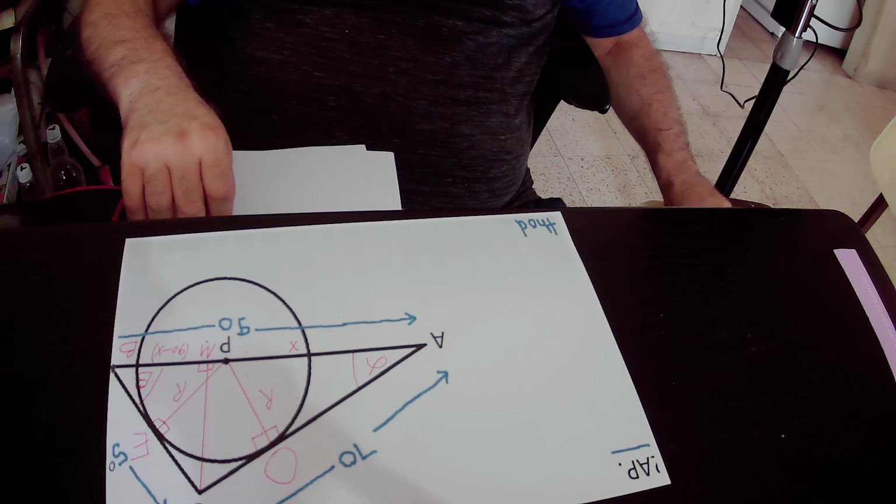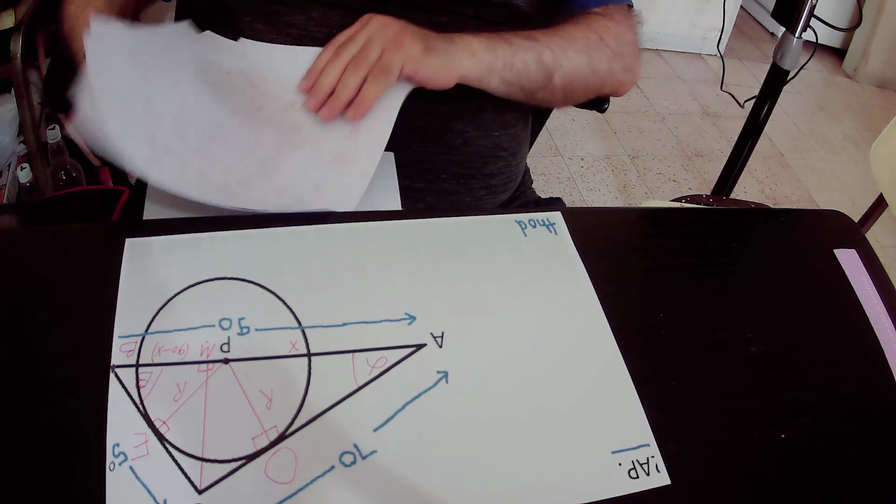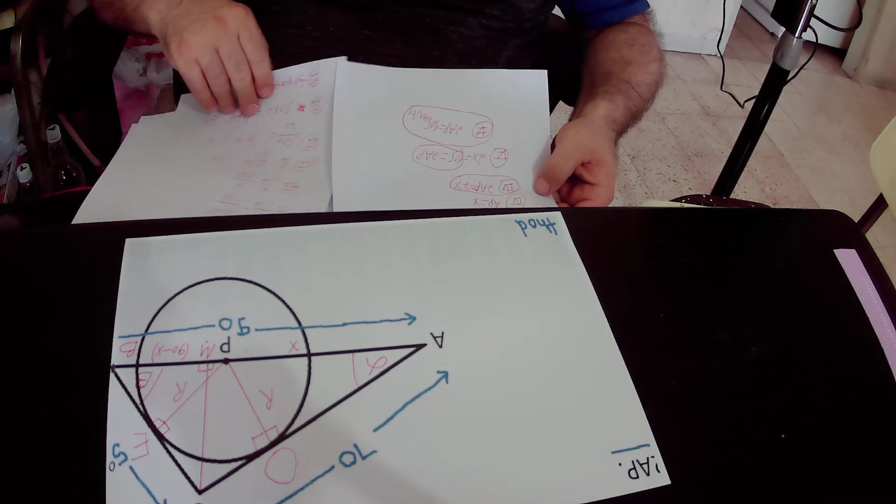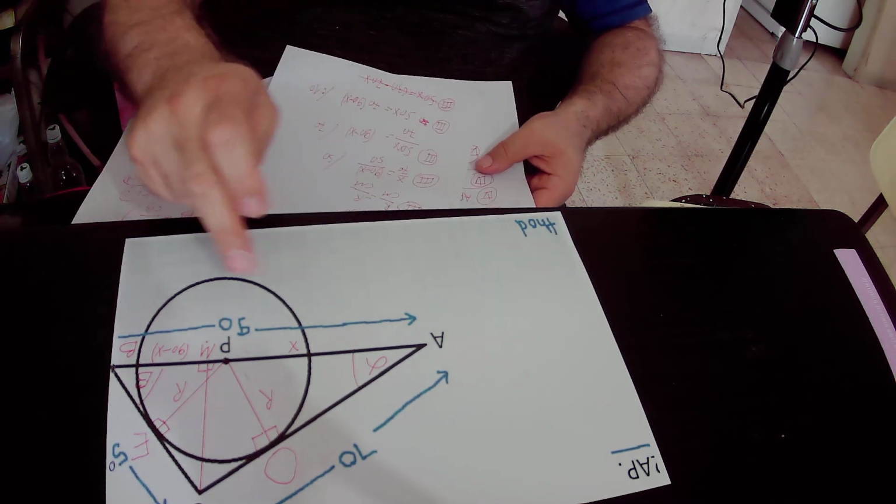Okay, so now I will summarize the lecture. We actually wanted to find the value of 2 times AP.